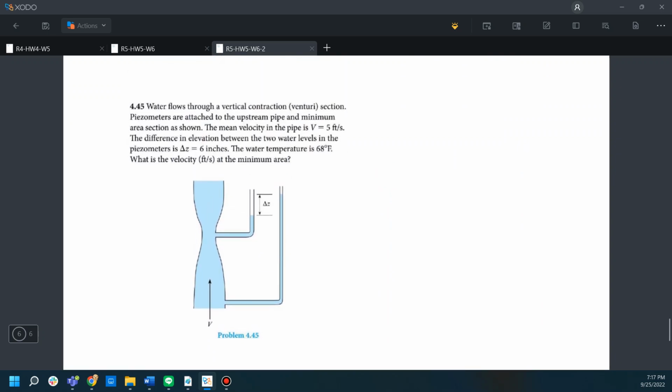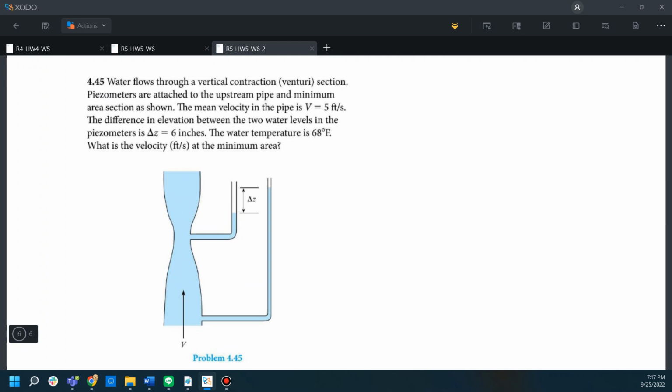So here comes our last problem for this week. Problem 4.45: water flows through a vertical contraction section. Piezometers are attached to the upstream pipe and minimum area section as shown. The mean velocity in the pipe is V equal to 5 feet per second.